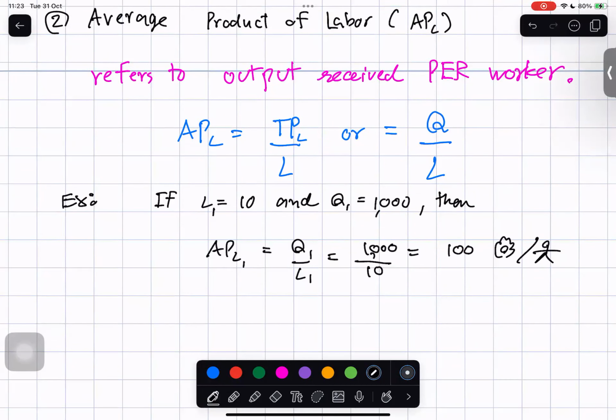For example, if we use 10 guys and at the end of the working day, they deliver 1,000 cookies, we want to compute APL. So we just quickly do 1,000 divided by 10, cookies divided by people, we get 100 cookies per person.